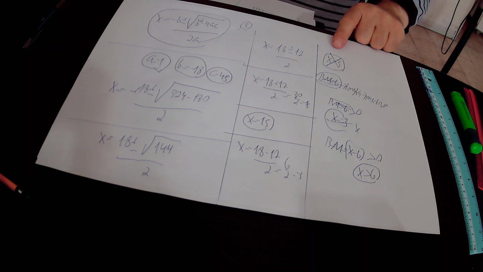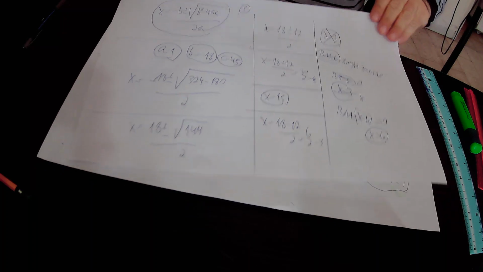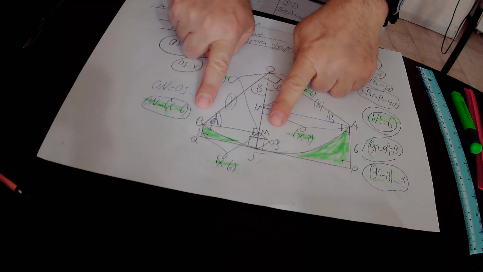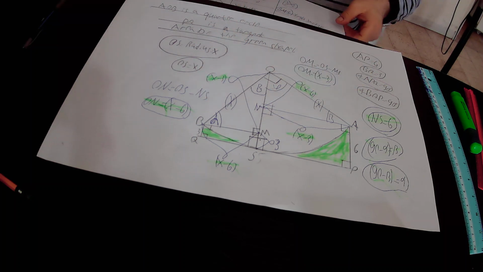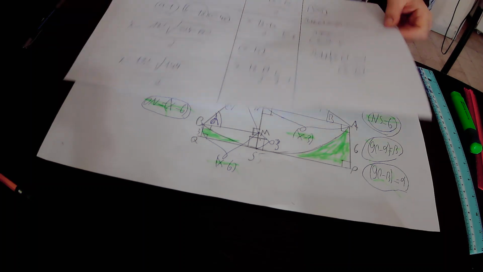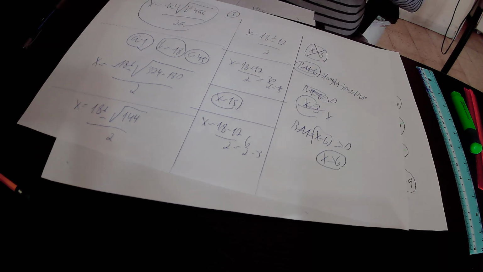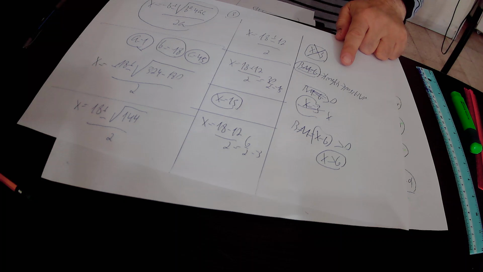But this solution is an incorrect solution. Why? Because we have already found that the length of this line BM is x minus 6. BM is a length, and as a length, it must be a positive number.